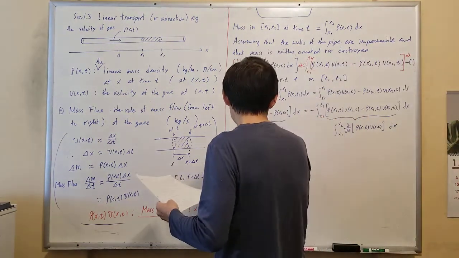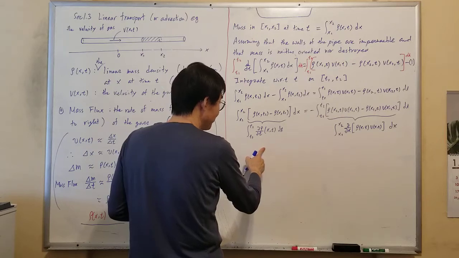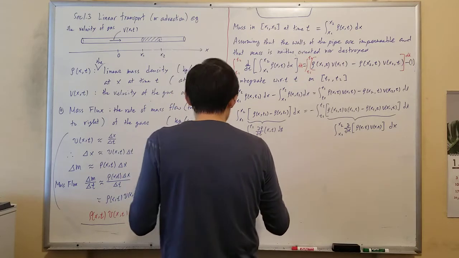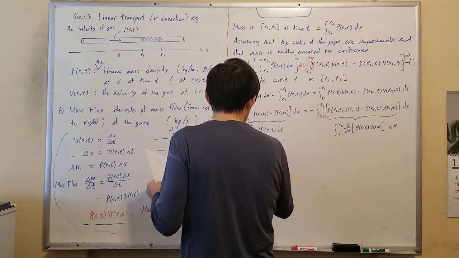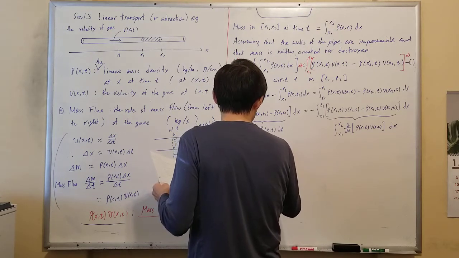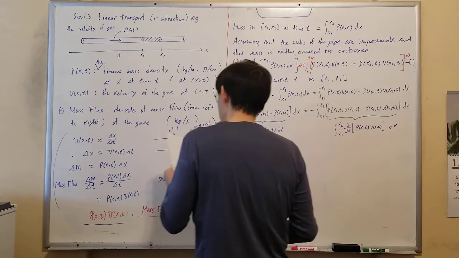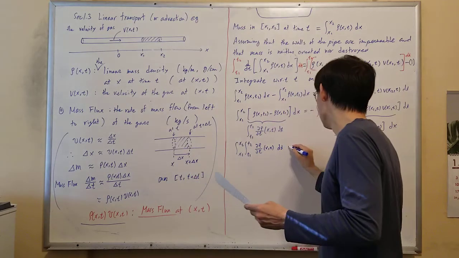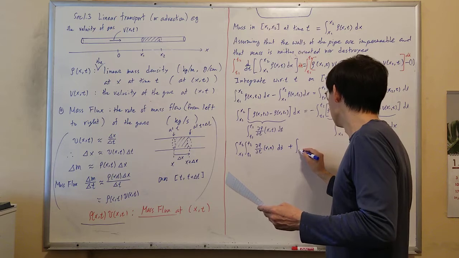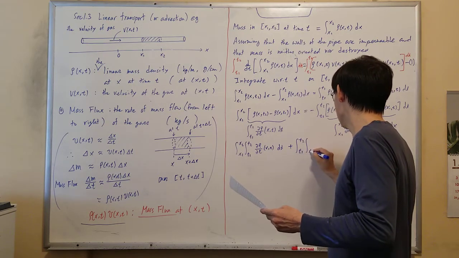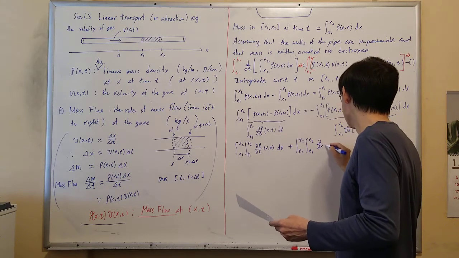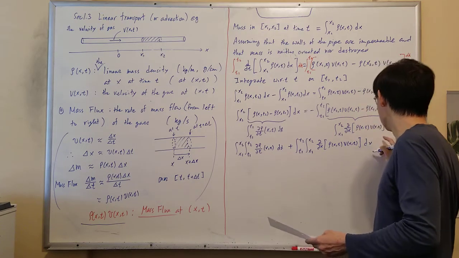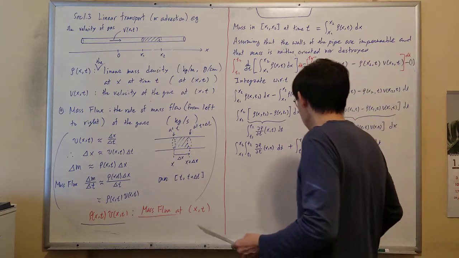So both of them are double integrals, right? Double integral over x1 to x2 and t1 to t2 of the partial of rho with respect to t at (x, t) dt dx, and here the integral over t1 to t2, x1 to x2 of the partial with respect to x of rho(x, t) v(x, t) dx dt.